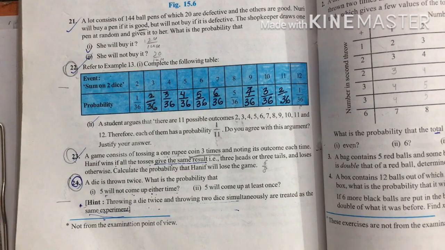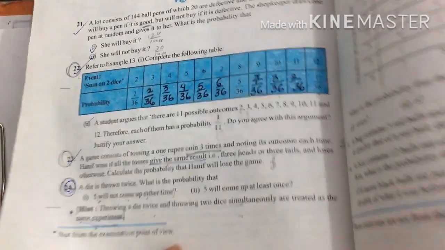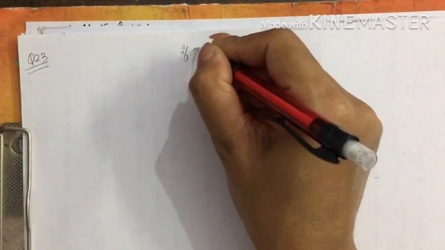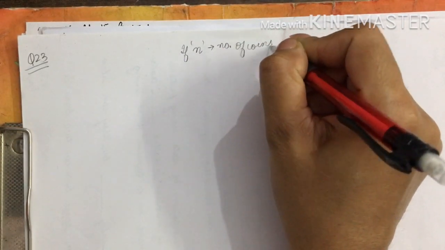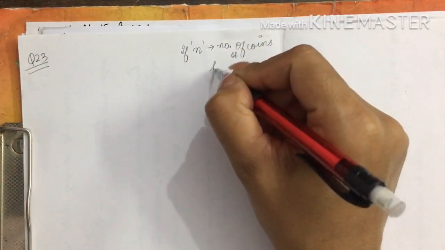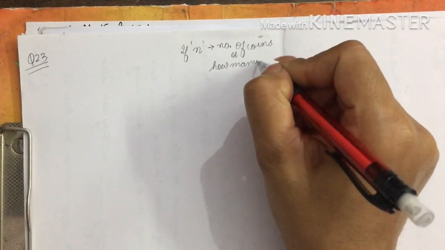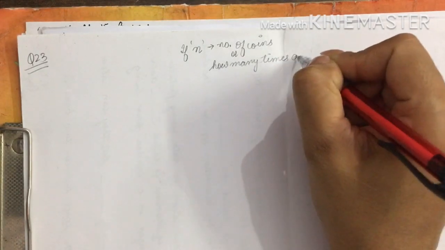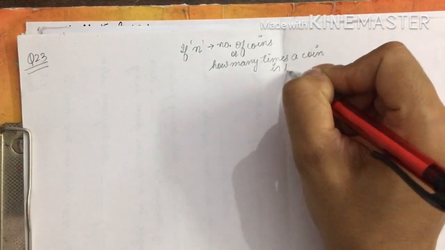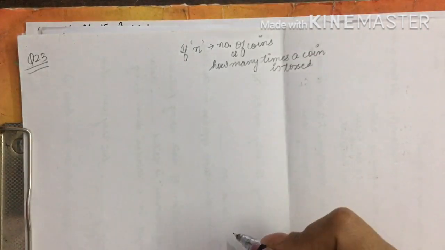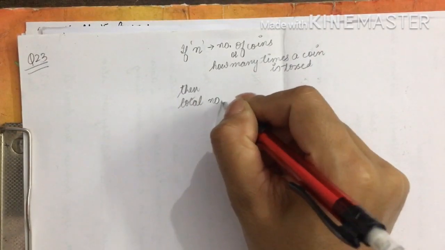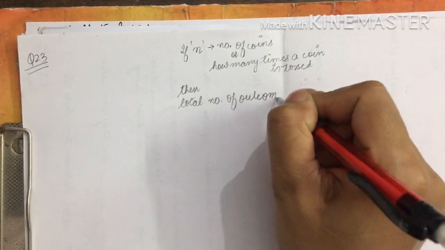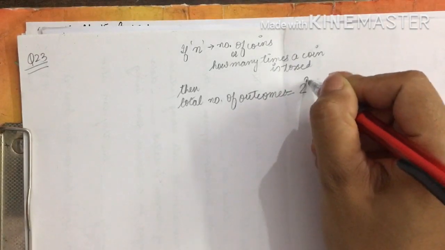Alright, let's write down the sample space when 1 coin is tossed 3 times. So the first thing we want to know is, if n is used to write down the number of coins, or how many times 1 coin is tossed, then the total number of outcomes is given by 2 raised to the power n.